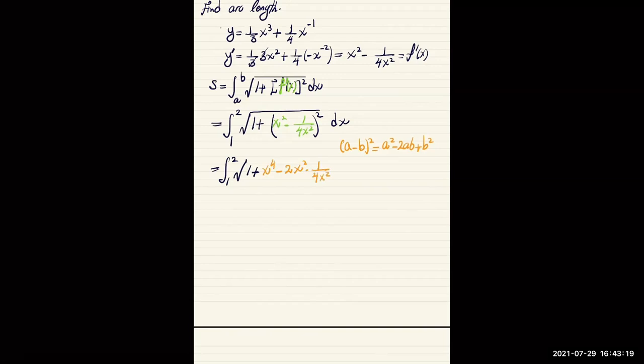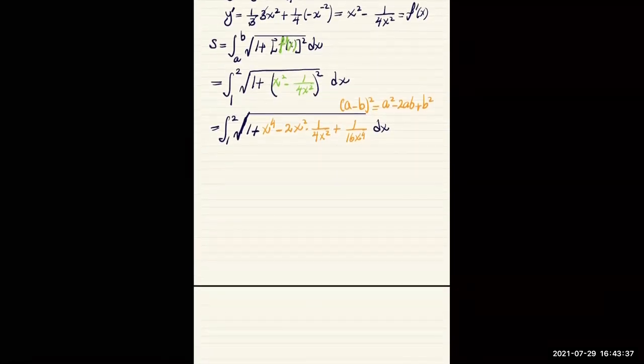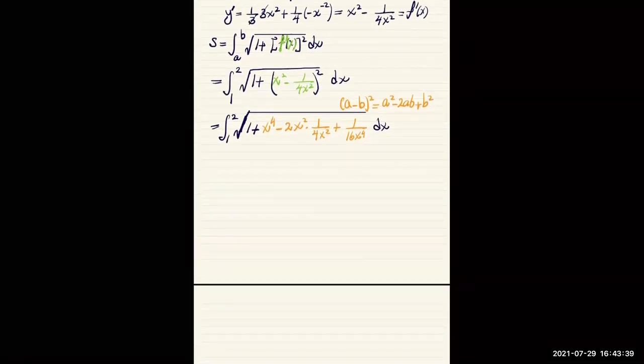And then we have plus b squared here. b is 1 over 4x squared. Square that, you get 1 over 16x to the 4. Okay, so what I have written in orange is the square of the derivative. Add like terms, simplify.